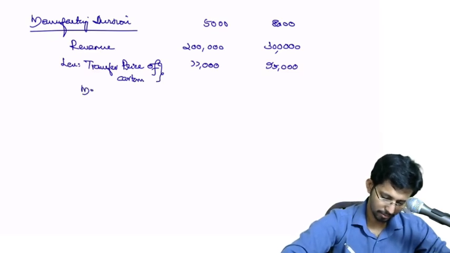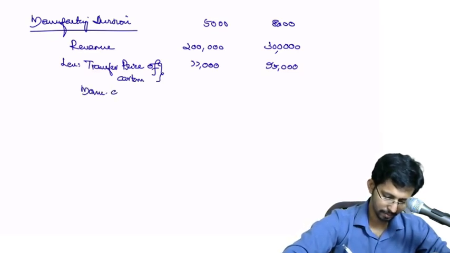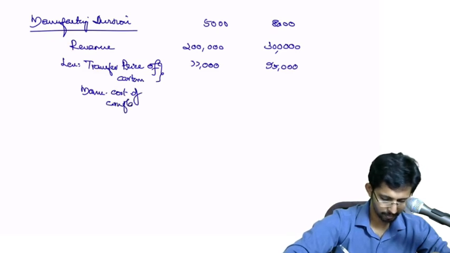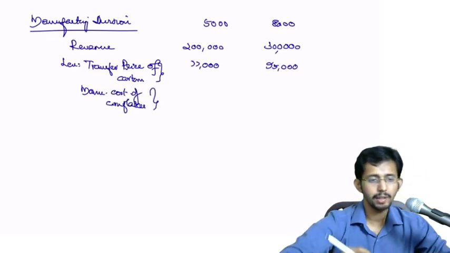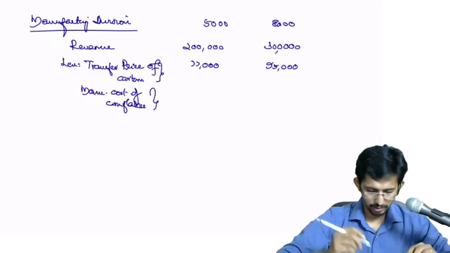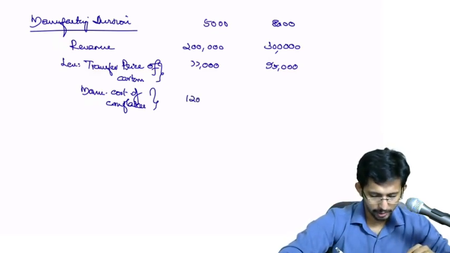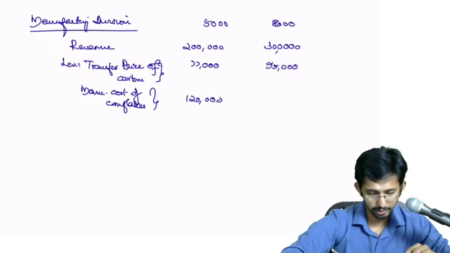Manufacturing cost of cornflakes is 1,20,000 and 1,80,000.